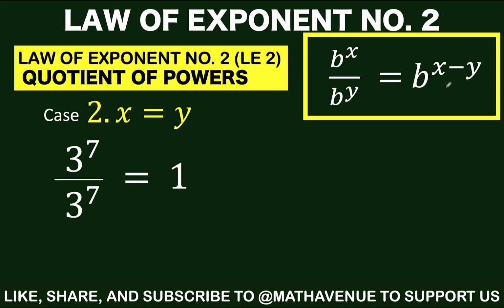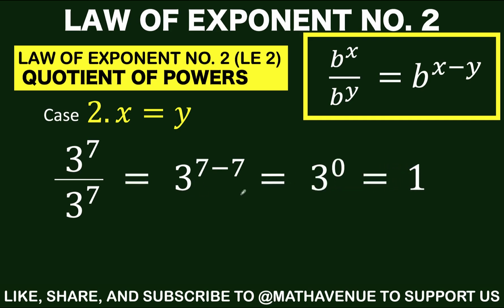But if we continue applying this form that says copy the common base and subtract the exponent, then we will have also this form. 3 is copied and we subtract the exponent 7 minus 7, and that means this is equal to 3 to the 0. And the value of that, we know, is 1. This now gives us this definition of 0 exponent.